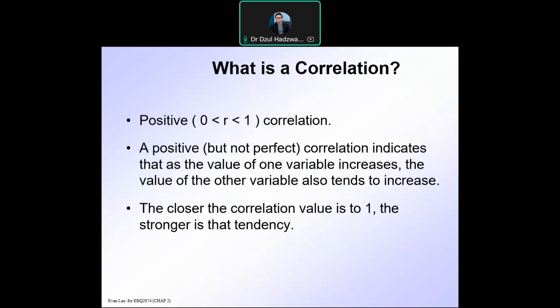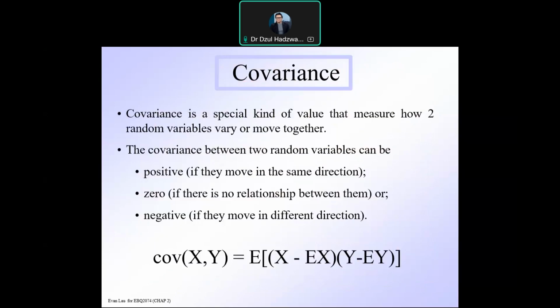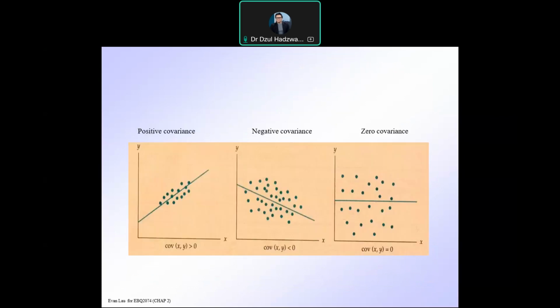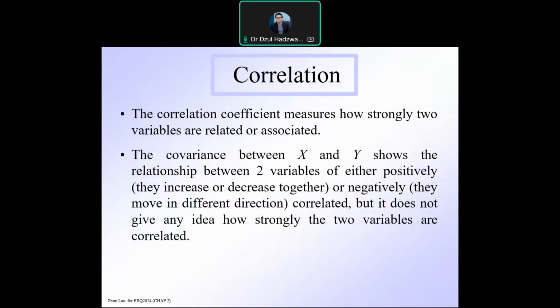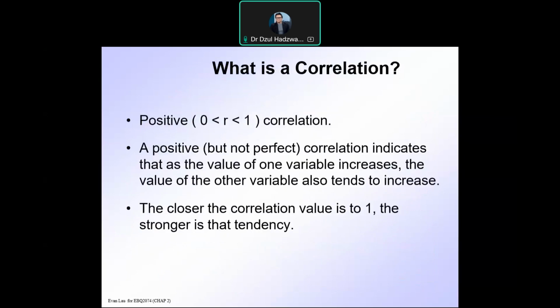As I told you just now, if you refer to the previous slide, one of the weaknesses of the covariance is that you are unable to know the magnitude, I mean the strength, of these two variables or factors. And that's why the correlation has a range.